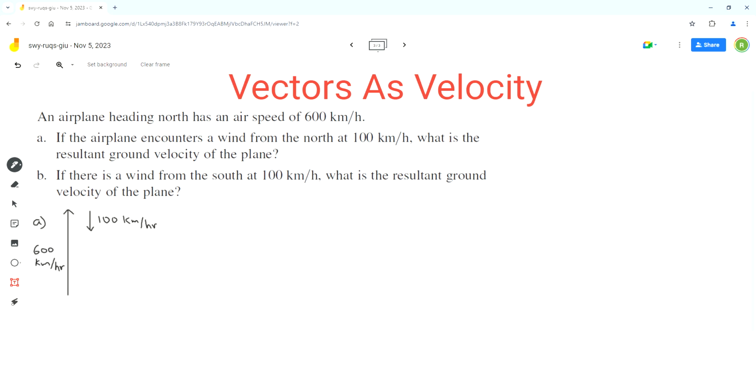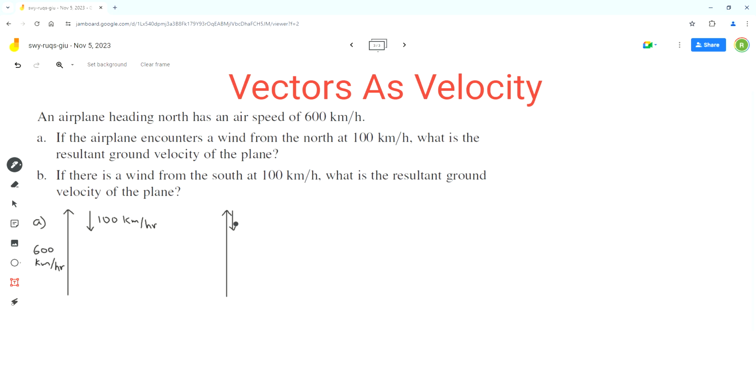So that means we have to find the resultant velocity of the plane, and to find the resultant velocity we have to arrange the vectors in tip to tail format. So this is the vector for the airplane's velocity, and now the wind's velocity vector can be shown like this.